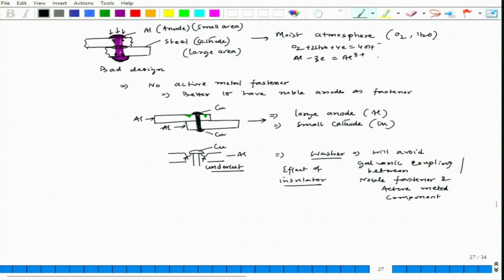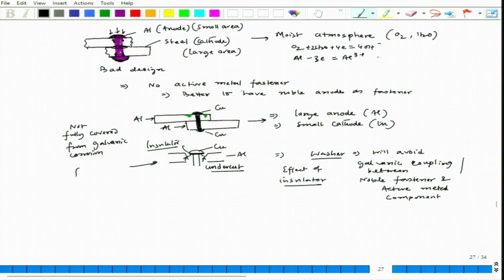Okay. So, for example, instead of a washer we can use some sort of insulator. This insulator could be a small polymer which will avoid that connection between the aluminum and copper, fine. So, that is the possibility. So, this is still not better, not fully covered from galvanic corrosion.